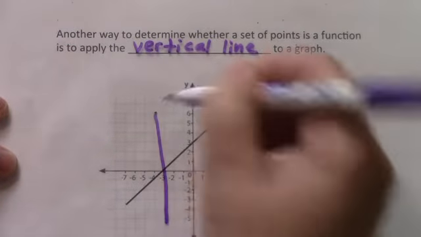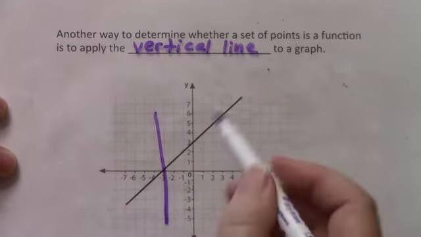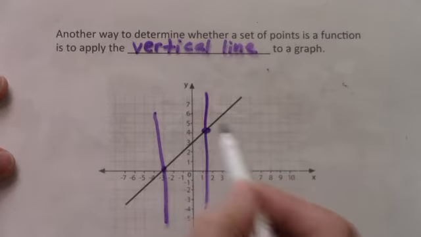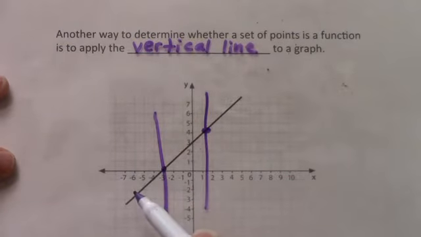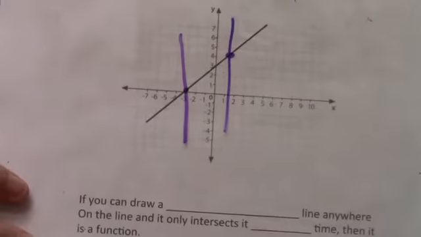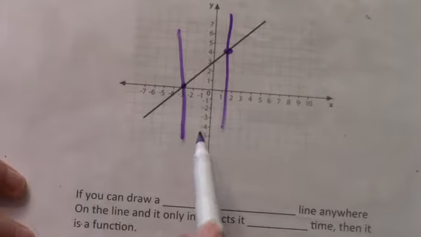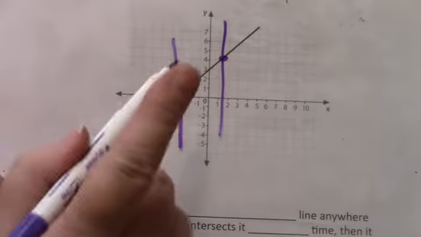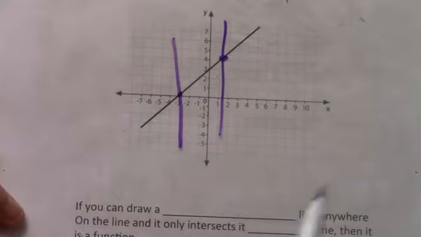If I draw a line here, how many times does it cross this line? Only one place. What if I put a line here? It only hits it one time. This line is a function. That's the vertical line test. If it only crosses your line one time, then it is a function.